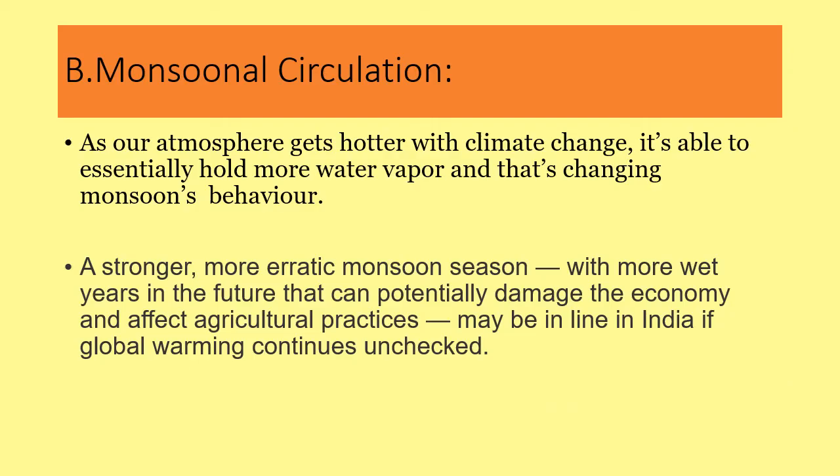Monsoonal circulation is related to the average temperature of the landmass as well as the temperature of the ocean surface. So, due to global warming, our atmosphere gets hotter, and it is directly related to the increasing rate of evapotranspiration over the ocean surface, and the atmosphere is able to hold more water vapor, leading to more cloud formation, and that leads to more precipitation, and that's changing our monsoonal pattern.